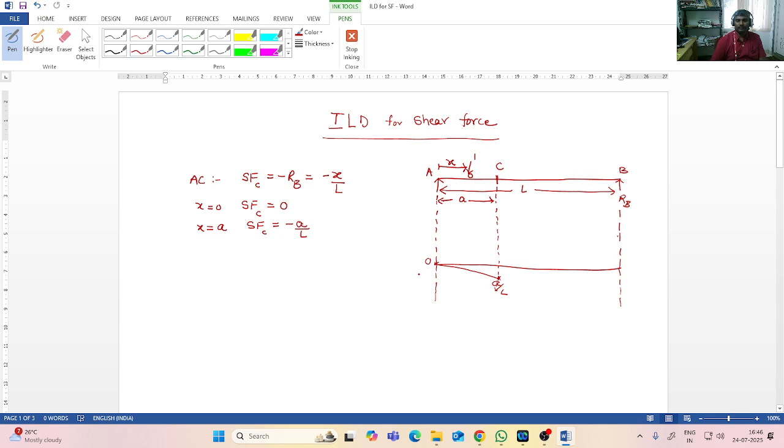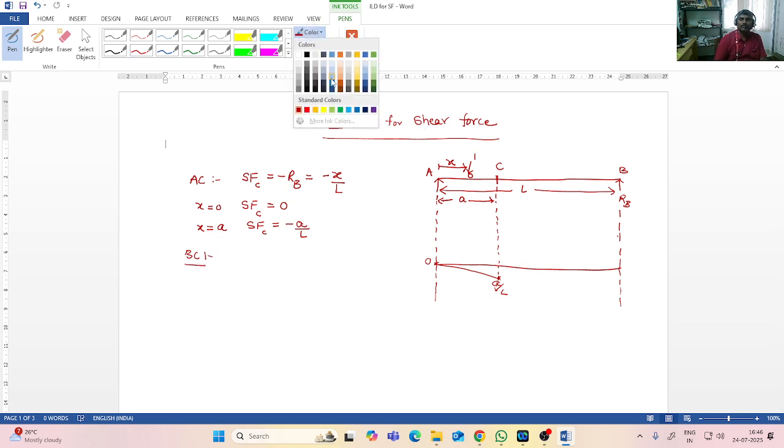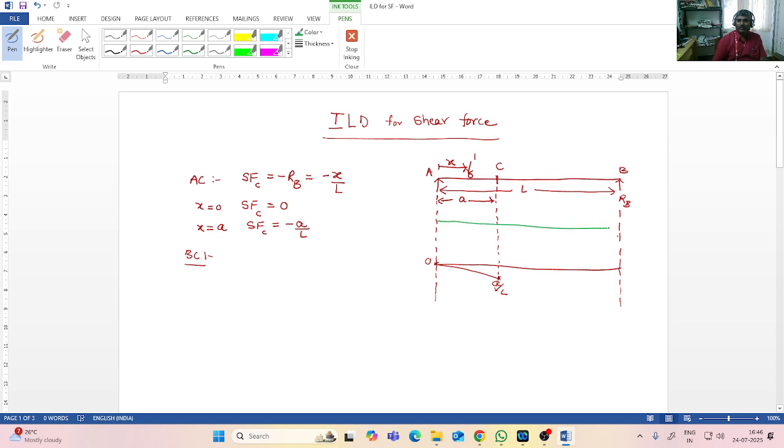Now coming to portion BC, let me draw this case separately so that we will not have clumsiness. Section C, girder AB.